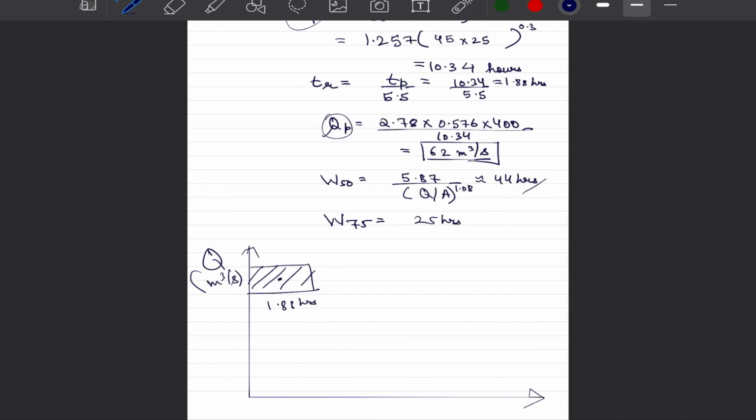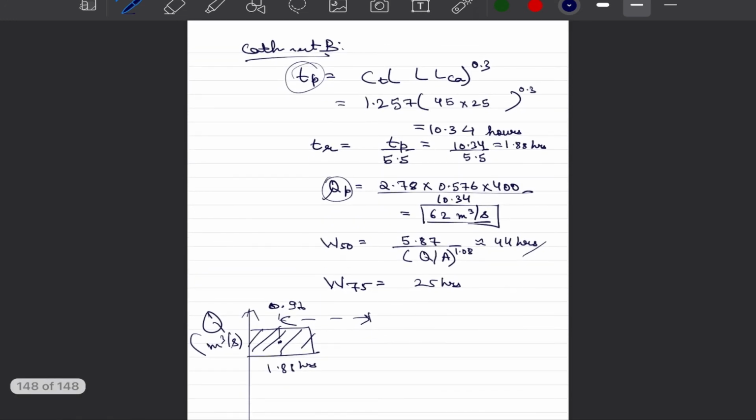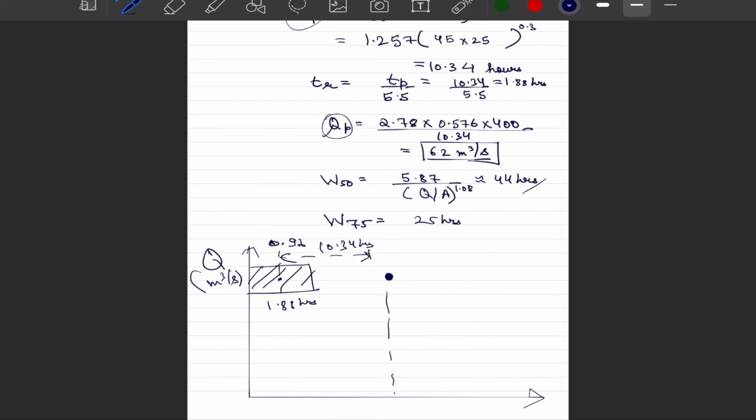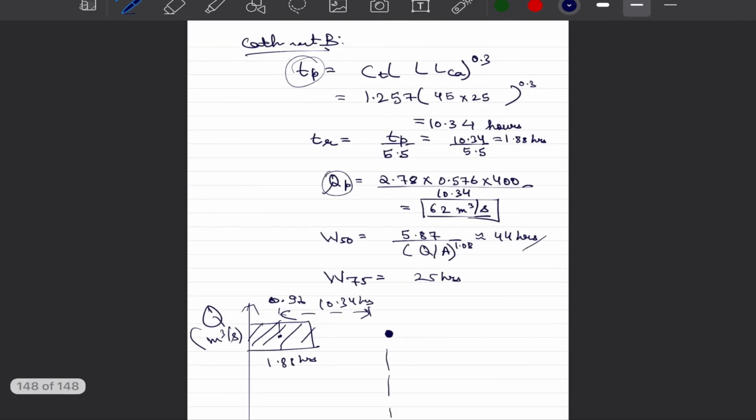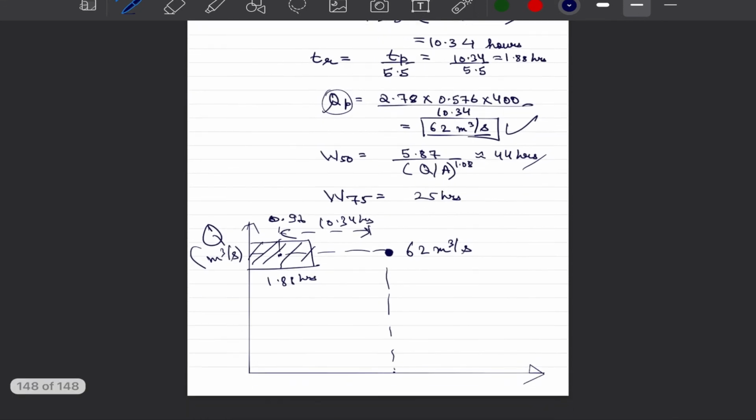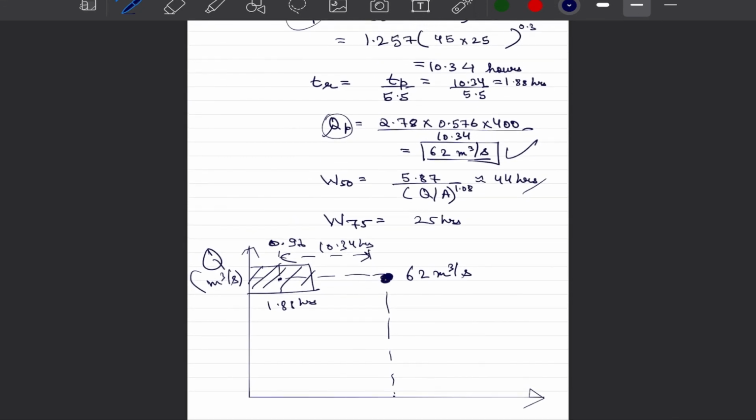From its centroid, which happens to be somewhere around 0.96, we go at the distance of 10.34 hours and put a dot here, and the distance from base is going to be 62 meter cube per second, as that is the value of our peak. So we mark this dot at the coordinate of 10.34 plus 0.96 comma 62 meter cube per second.